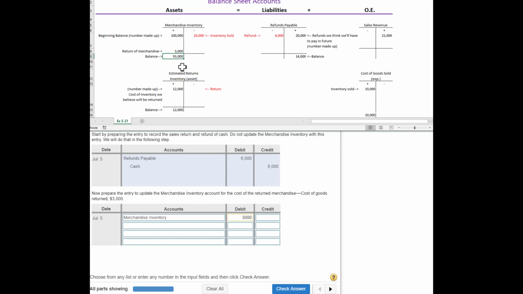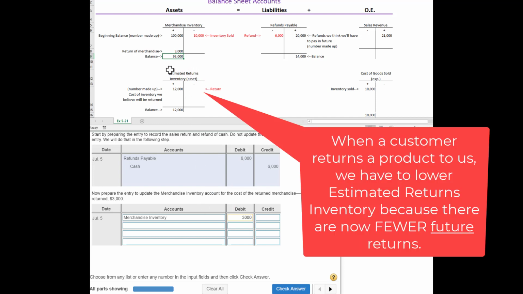And then what's happening to estimated returns inventory? Remember, this $12,000, which was a made-up number, represented the cost of future returns of inventory. In other words, we thought inventory that cost us $12,000 would be returned to us in the future. Now we have actually had some of this inventory returned to us, so that means we have to lower the estimated returns inventory because we now have less future inventory that can be returned to us.